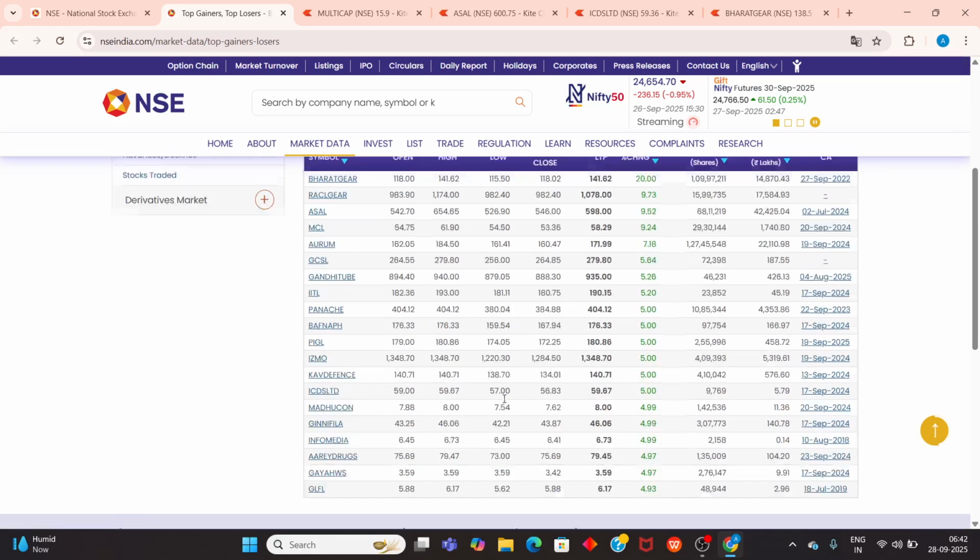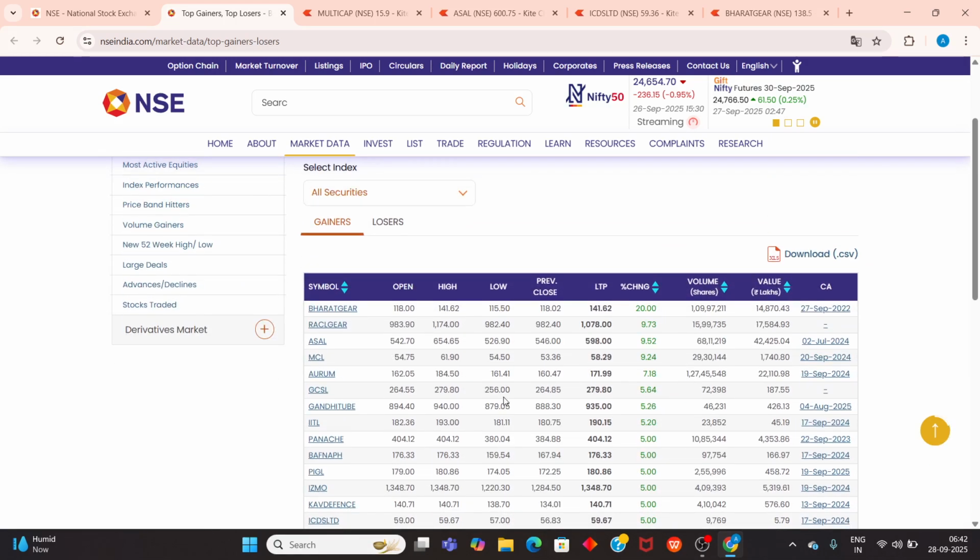These are the top gainers from all securities. At first you can see Bharat Gear, RSEL Gear, ASAL, MCL, Aurum. These are the top gainers in that list, with percentage changes of 20%, 9.73, 9.52, and so on.